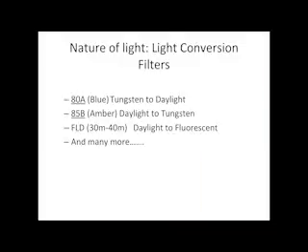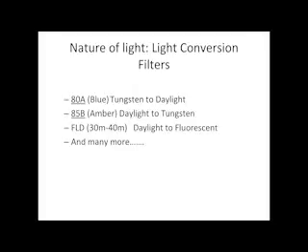So before automatic white balance, we had filters. You may come across these in old camera kits that you borrow from your parents or your friends. There used to be filters that would make the correction from tungsten to daylight, or 3200 to 5500, or the other way around, 5500 to 3200, or get rid of that green in the fluorescent lights.